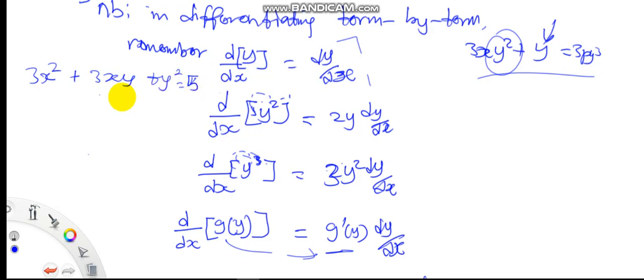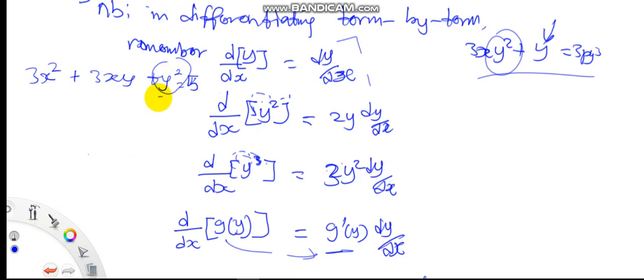Say, for example, this is the implicit function we are given. To differentiate this, let us focus our attention on this y squared. Whenever you see such a term in y, you differentiate the term, and then you multiply by dy dx. So you differentiate the term times dy dx.